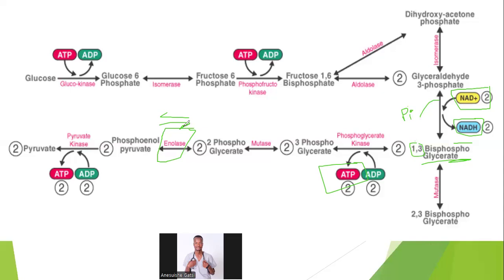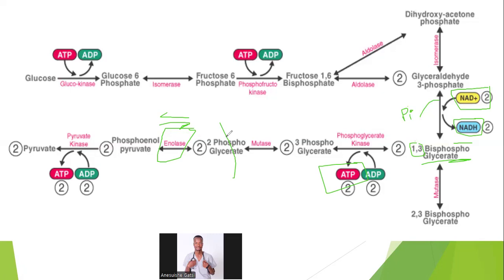So what enolase does is it would dehydrate this 2-phosphoglycerate. So you're going to dehydrate this 2-phosphoglycerate, then you form PEP, your phosphoenolpyruvate, right?